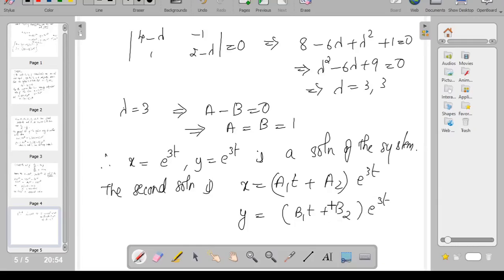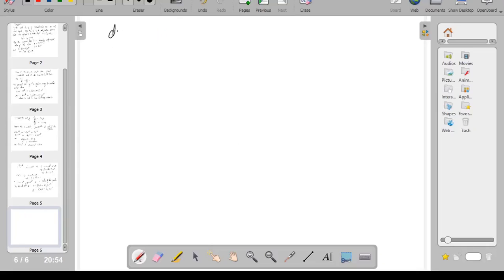And now if this is a solution, it must satisfy the given equation. So let us substitute x and y in the linear system. The system is dx by dt equal to 4x minus y, and dy by dt is x plus 2y.